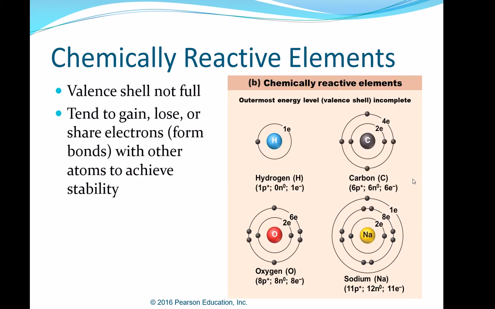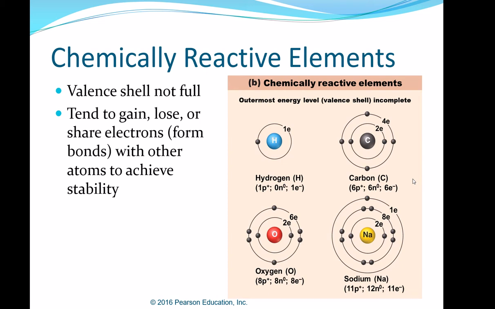Conversely, the really reactive elements are those that don't have a full valence shell, and so they're going to interact with other elements to gain, perhaps, lose, perhaps, or share electrons with another atom in order to make themselves stable.